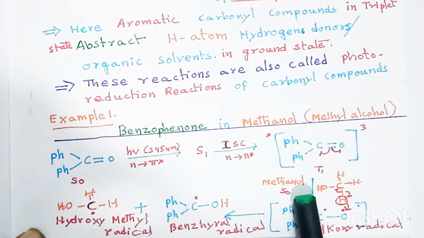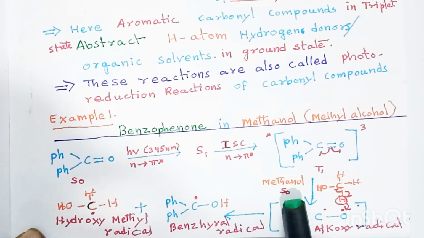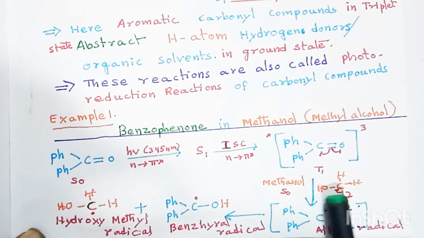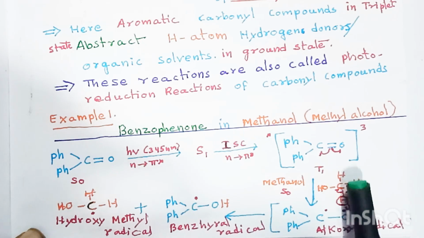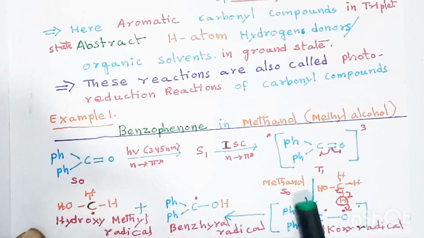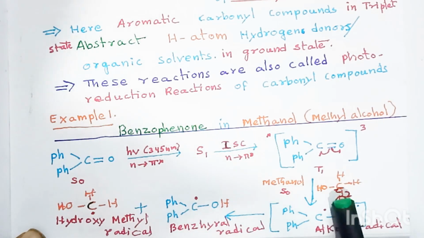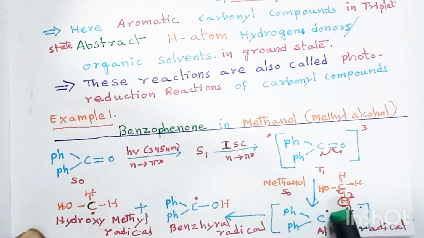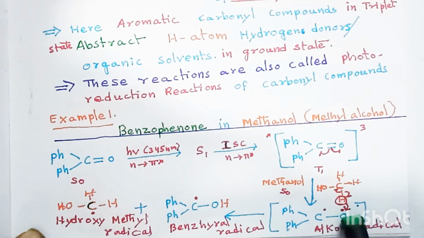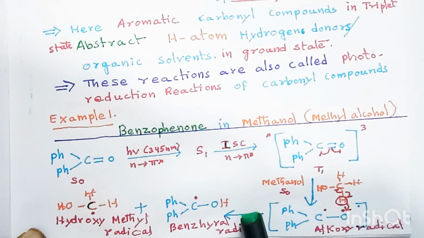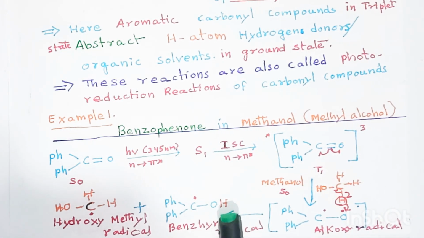Here methanol is present in S0, that is ground state. Methanol is nothing but CH3OH. A bond between hydrogen and carbon cleaves homolytically, releasing this hydrogen. This hydrogen atom is abstracted by oxygen atom of the alkoxy radical, giving us two new radicals.